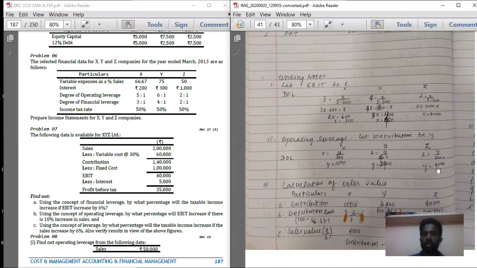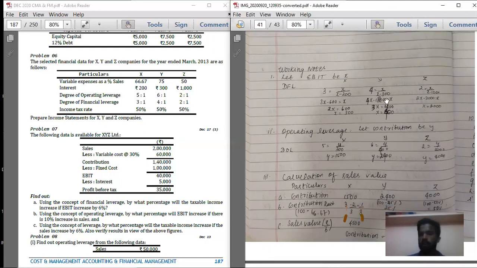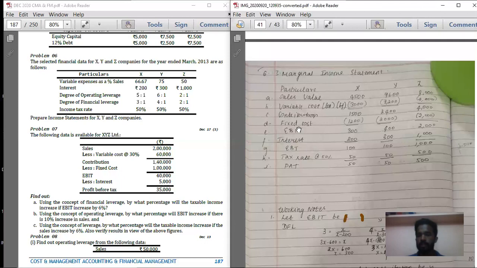Now we found the contribution: 1500, 2400 and 4000. So copy it. In respect of contribution, take down 1500 in the X column, 2400 in the Y column, and 4000 in the Z column. Contribution minus fixed cost is EBIT, so we can find the fixed cost very easily: contribution minus EBIT gives fixed cost.